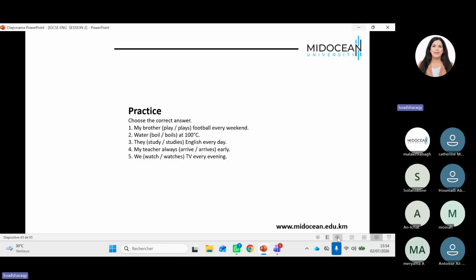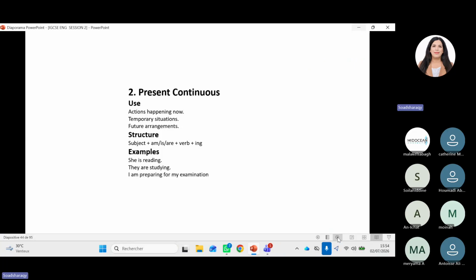Thank you, Moina. Let's move on to talk about the present continuous now. We use the present continuous for actions happening now, temporary situations, and future arrangements. The structure of the present progressive is subject plus am, is, or are plus verb plus ing.